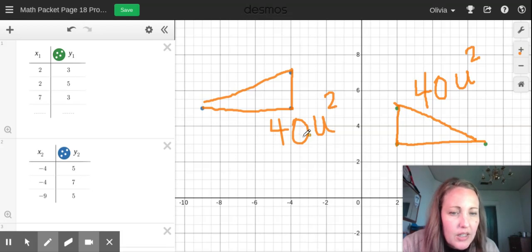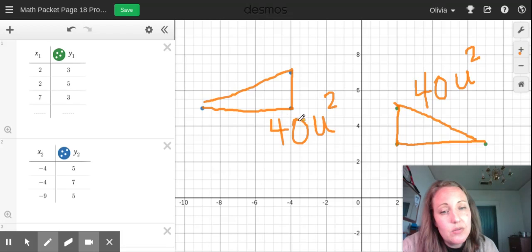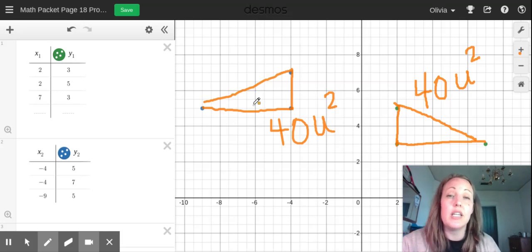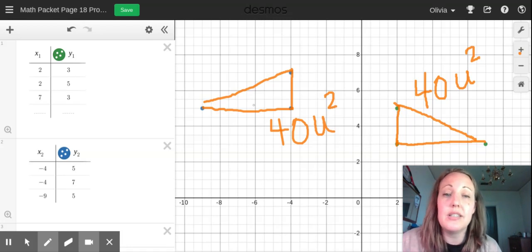Notice what we did was we reflected it across the y-axis, and then we did something called translate. Not like English to Chinese, but we translated it up and to the left to get that triangle right here. It's congruent. So it's the same figure, it's just been translated.